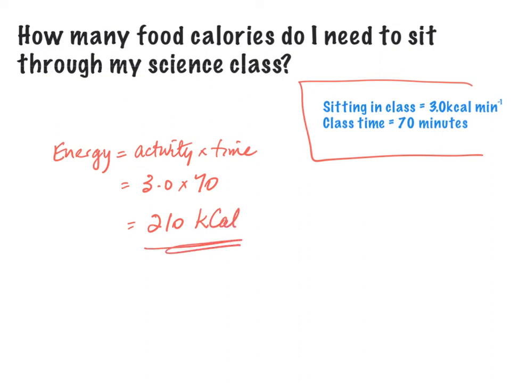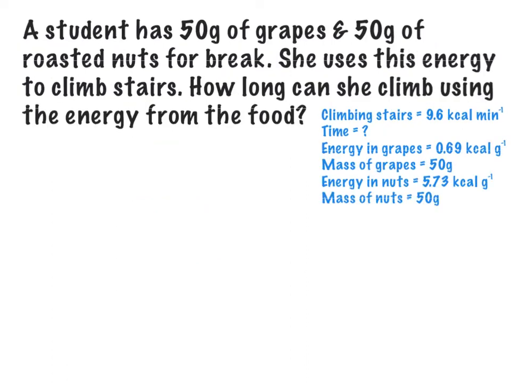Now, if I had asked you to do that in joules, you would then multiply 210 times 4186, and that would give you the number of joules. Relatively easy calculations at this stage. Right, one more, let's look at a harder one.